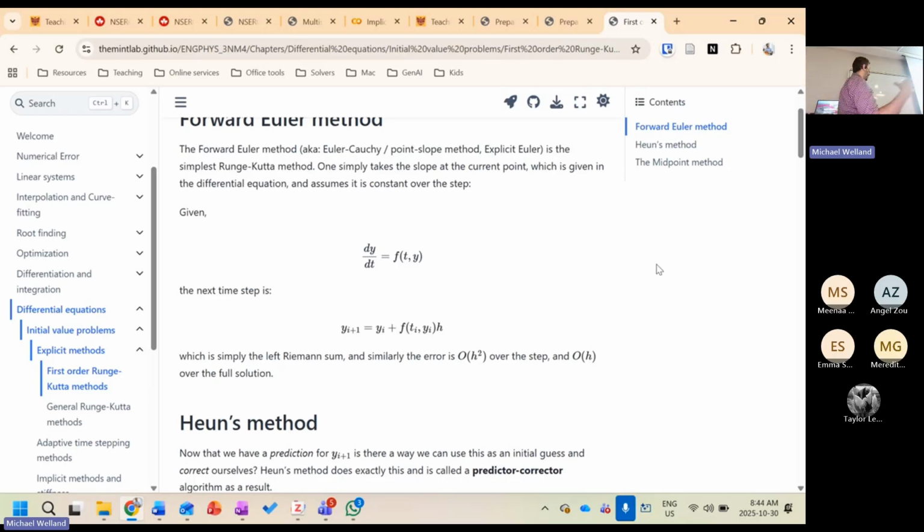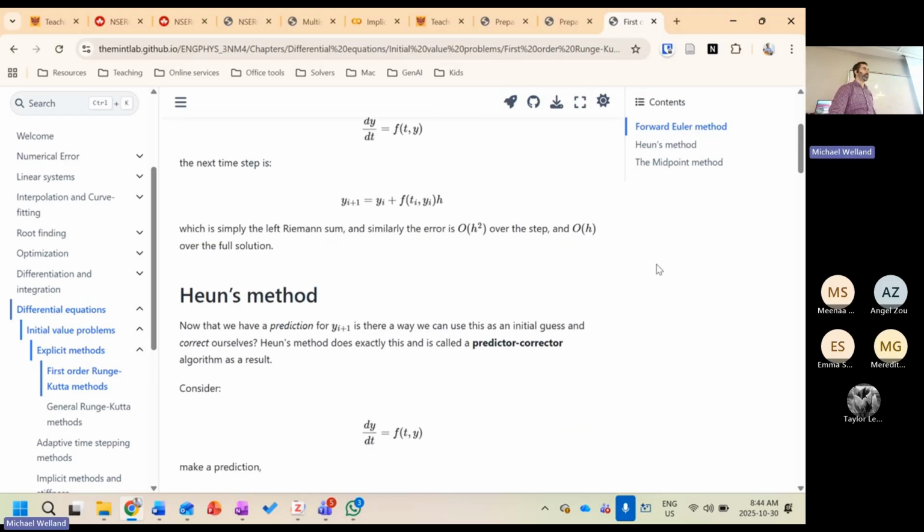And using our more condensed notation, what that's going to be is y at i plus 1 is equal to y at i plus a y i. Oops, I need the time step here, h. Okay, good, excellent. Explicit Euler, almost entirely useless.